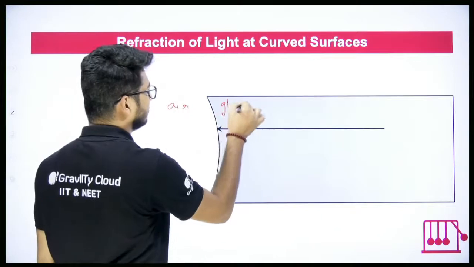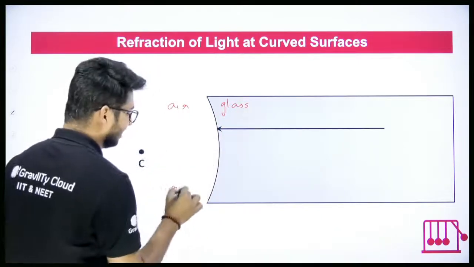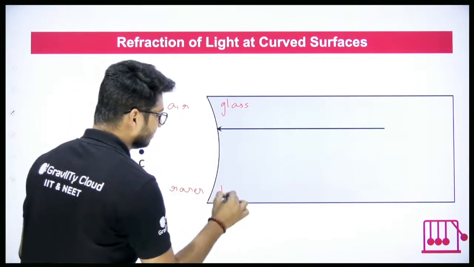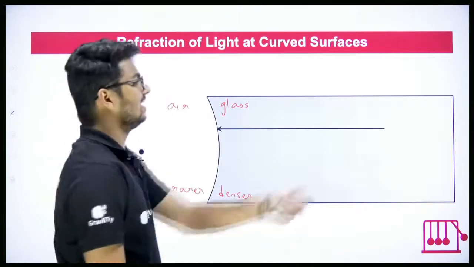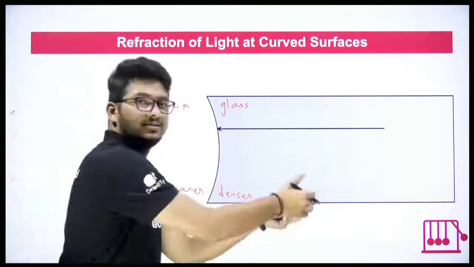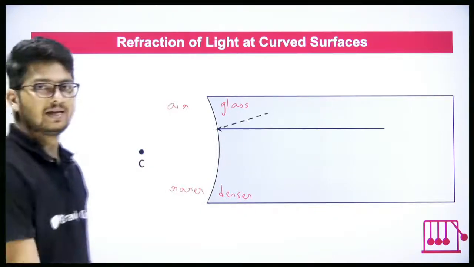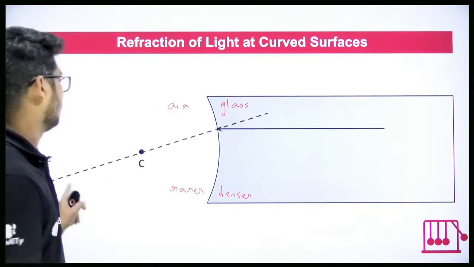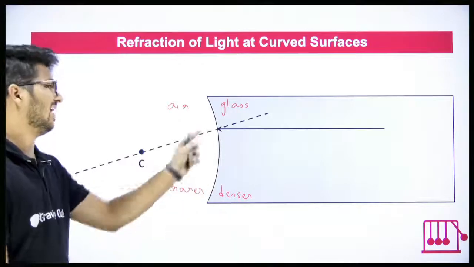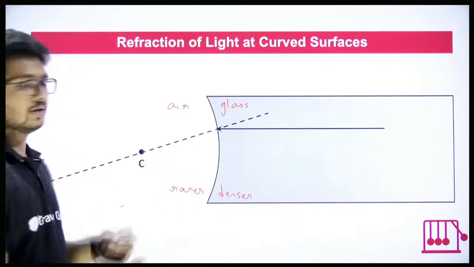But if I have any other case, the ray, again see, here it is air, here it is glass. Air is the rarer medium, glass is the denser medium. So the ray is traveling from denser to rarer, and it is not the case of normal incidence, because I have drawn the normal here. The ray is not incident along the normal.